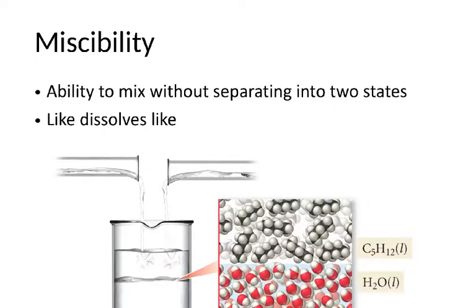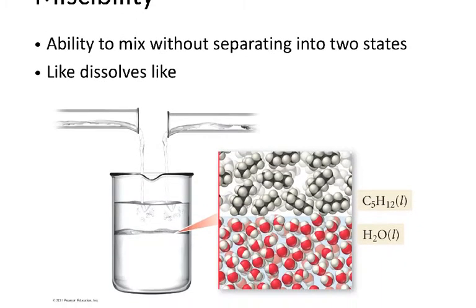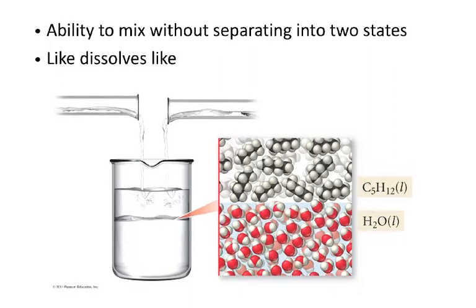Okay, now we're moving on to understanding some properties of liquids now that we understand these intermolecular forces. The first property we're going to look at is miscibility, which is the ability to mix without separating into two states. And the rule for miscibility is like dissolves like.